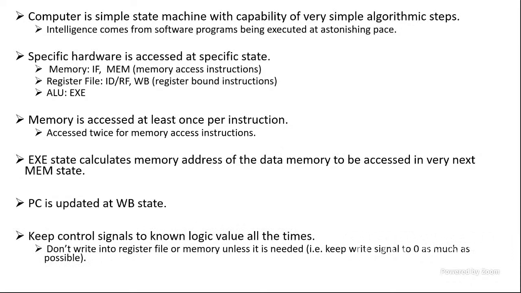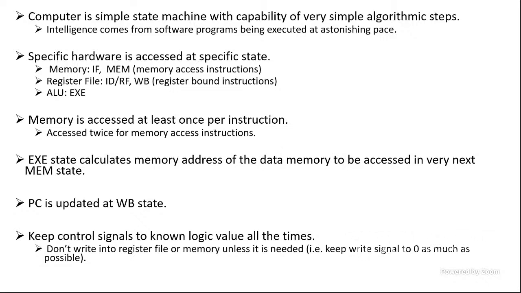And last but not least, keep the control signals at known logic values all the time. This may not be very significant in this class, but it will become very significant in the next class, like CS47. Nonetheless, keep that in mind. Keep the control signals at known logic values all the time, especially because you don't want to write any unwanted thing either to the memory or to the register accidentally in this hardware system.